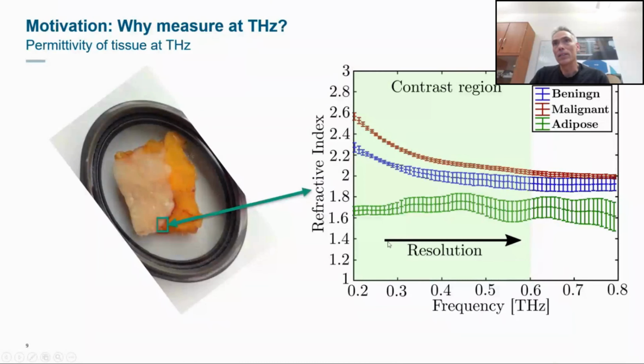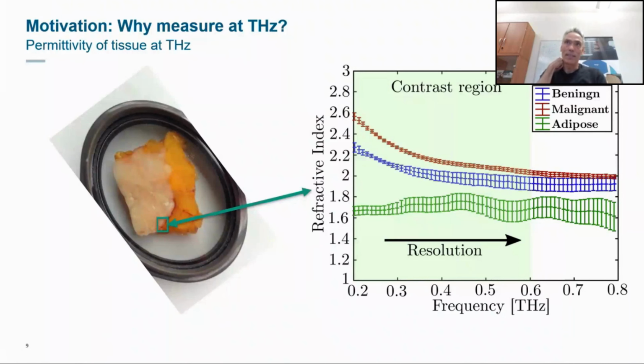But on the other hand, you see that the increased frequency has a higher resolution because the wavelength is getting shorter. So that's a trade-off right now to optimize the separation of these curves, as well as increase resolution by moving to higher frequencies.